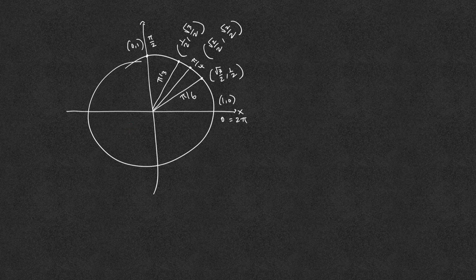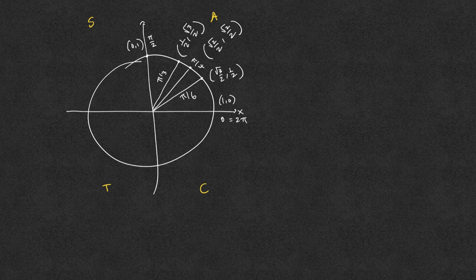The trick that we use in this class is that All Students Take Calculus. What this means is that in the first quadrant, all trigonometric functions are positive. In the second quadrant, only sine and its reciprocal are positive. In the third quadrant, only tangent and its reciprocal are positive.